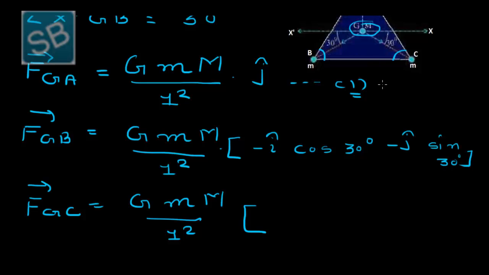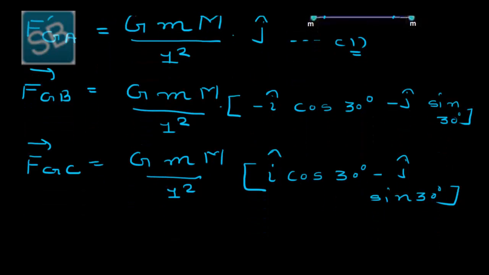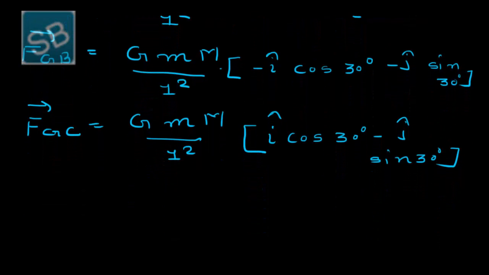But here if you see, in the fourth quadrant actually positive x-axis and negative y-axis is coming. So there is a slight change in the unit vector: i cap cos 30 degree minus j cap sin 30 degree. But there is no change in the angle. So these are results 1, 2 and 3.